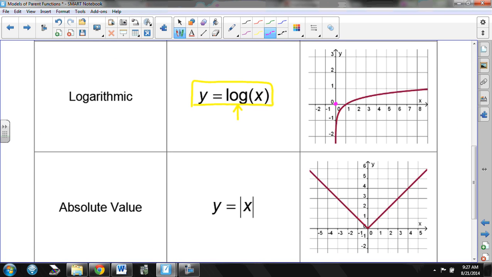What is the x-intercept for the logarithmic parent function? It's over here at x equals 1. What else is different about those two curves? The square root parent function starts at 0 and increases.